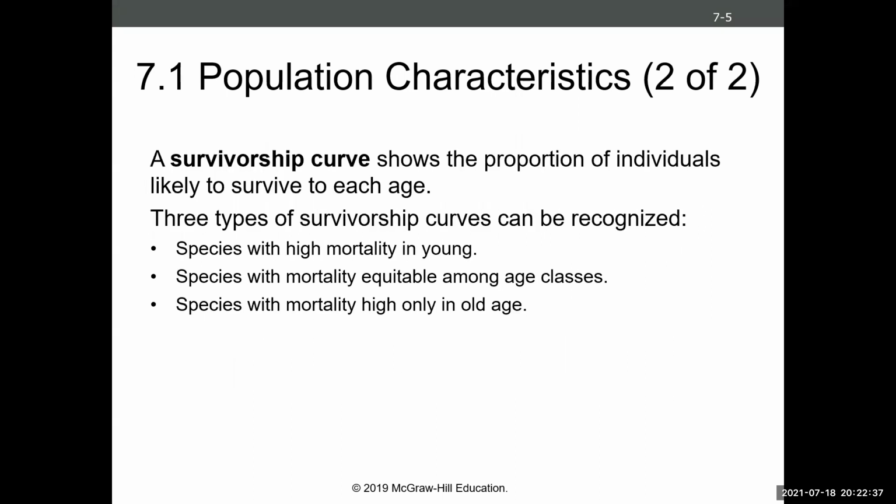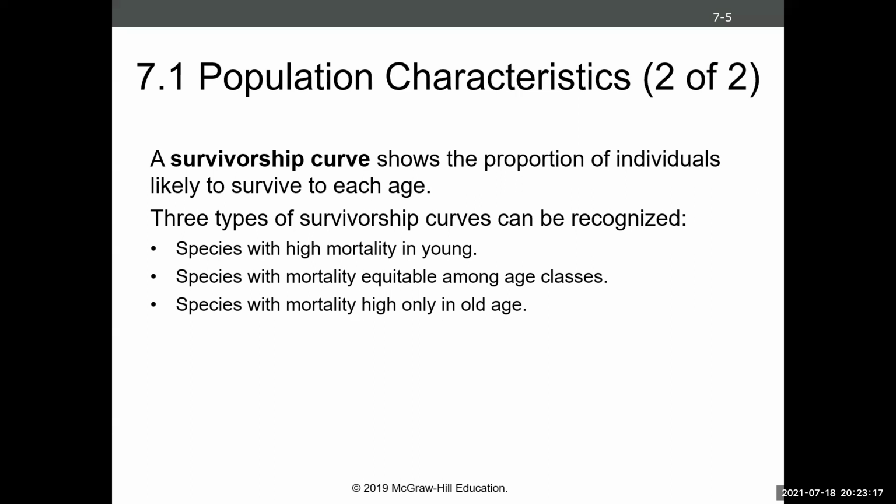We can also look at populations using what's known as the survivorship curve, and it shows the proportion of individuals that are likely to survive to each age, okay? For example, you could have a species that has a lot of mortality in their young, like fish, right? Fish will lay a lot of eggs because a lot of their offspring will die and very few will make it to adulthood. But once they make it to adulthood, mortality tends to go down.